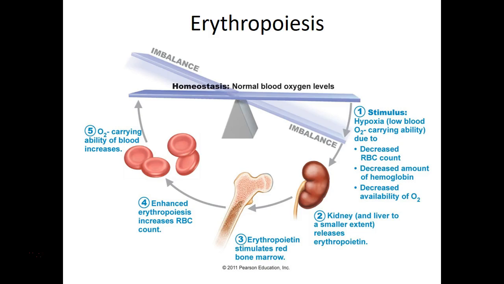So if we aren't supplying enough oxygen to tissues that need it, that is the stimulus that causes erythropoietin to be released from the kidneys. Not the adrenal cortex or adrenal medulla or the adrenal gland. We're talking about the kidneys themselves. They're going to release this molecule into the bloodstream.